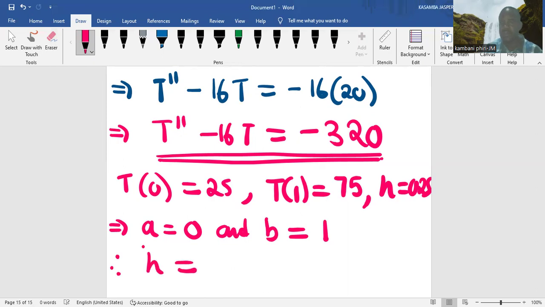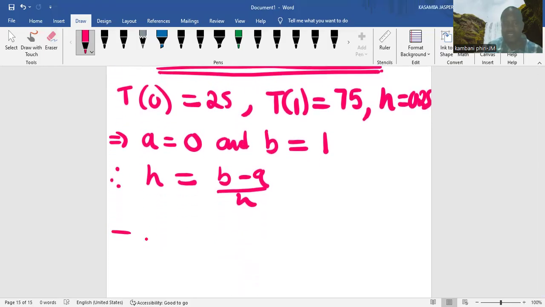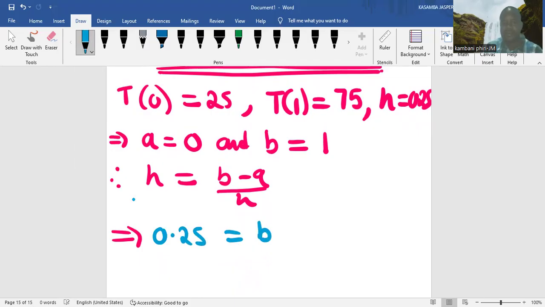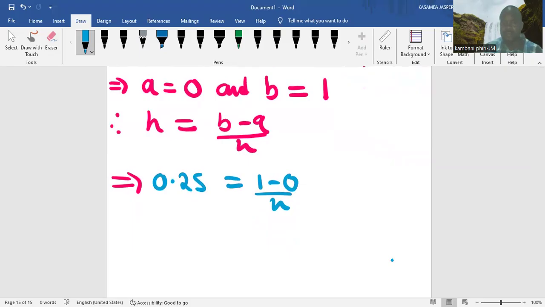Therefore, from the formula for the step size, h is b minus a divided by n, the number of intervals. So h is 0.25, b is 1, so 1 minus 0 divided by n. Therefore, n will be 1 over 0.25, so you get n to be 4.